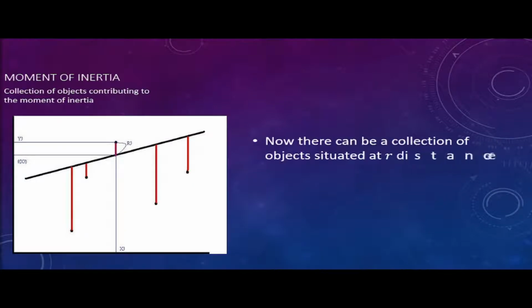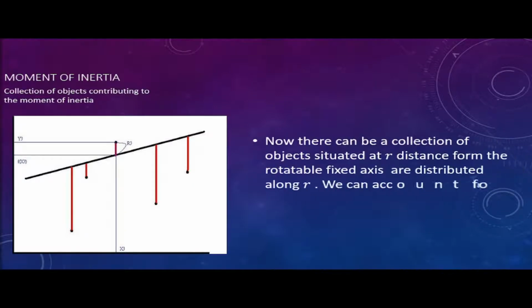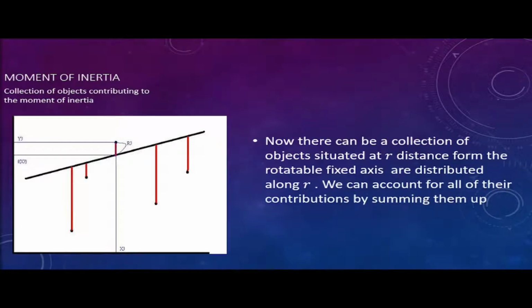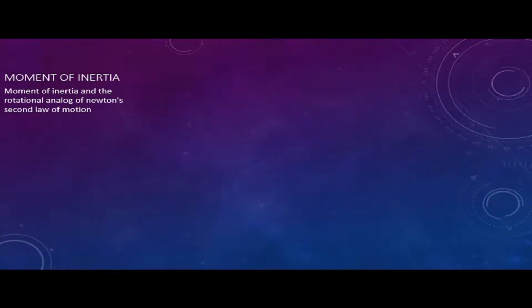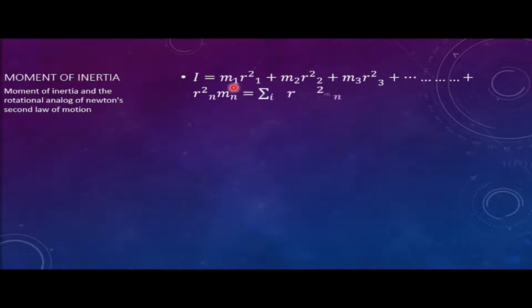We can account for all of their contributions by summing them up. We can now add all the contributions of these individual masses, and we can use the formula for that. The I is actually equivalent to mass sub 1 times where it is located, and it goes on until forever.